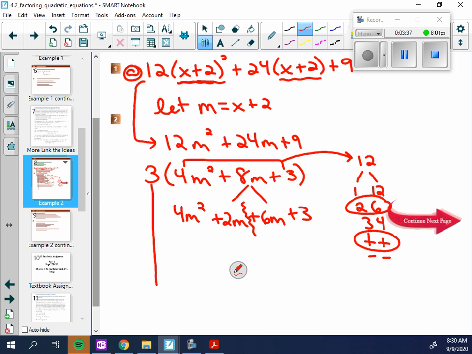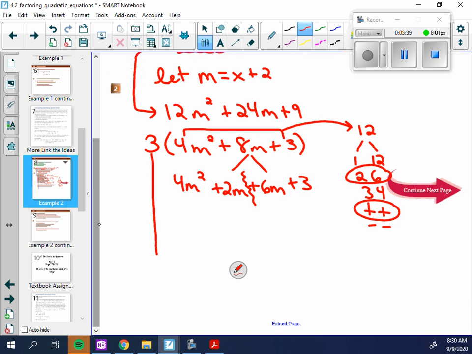In this first set of terms, what's the greatest common factor that I can take out? 2m. So I take out a 2 and an m. I have a 2m plus 1 left. Okay? Second set of terms, greatest common factor is 3. Good. And I want to take the sign out that's there, so plus 3. And then my leftovers would be a 2m plus 1.